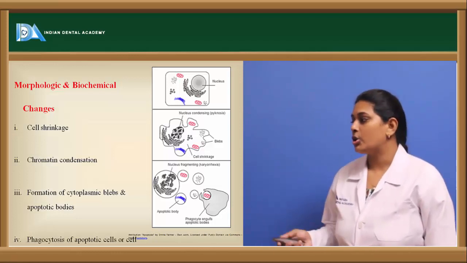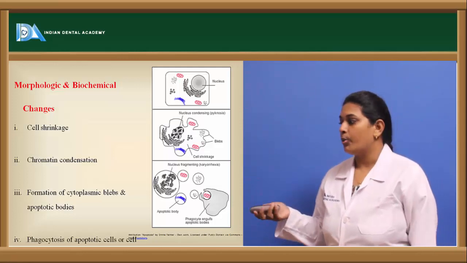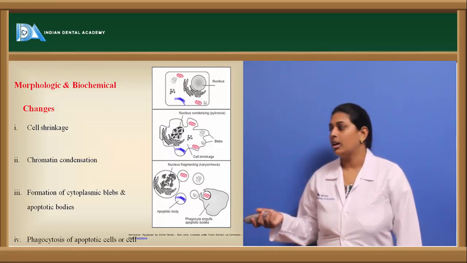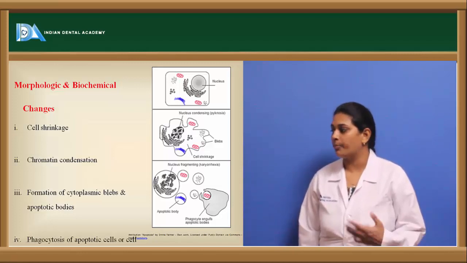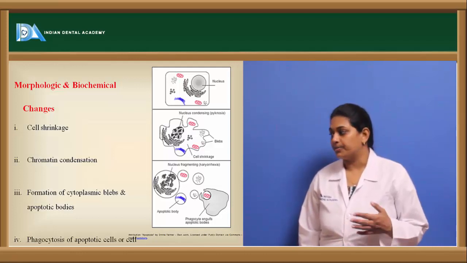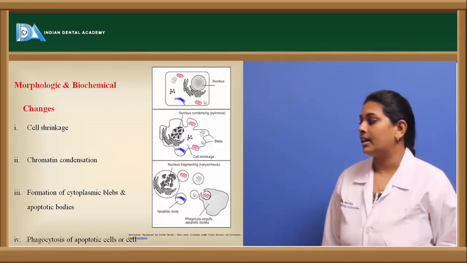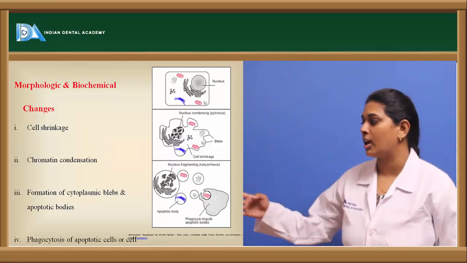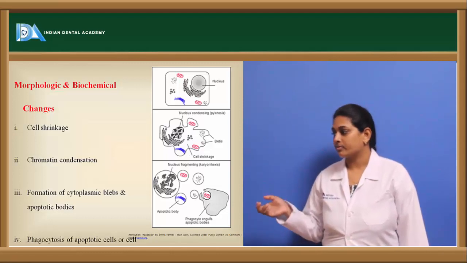There is a picture showing the normal cell with the normal nucleus and the cytoplasmic organelles. We can see the endoplasmic reticulum, Golgi apparatus, ribosomes, mitochondria, and vacuoles. In the next picture, we see the nucleus showing condensation, that is, breakdown of the chromatin, and shrinkage of the cell, that is, a decrease in the size of the cell, and accumulation of the cellular debris and cell organelles into the blebs formed by the cell membrane.